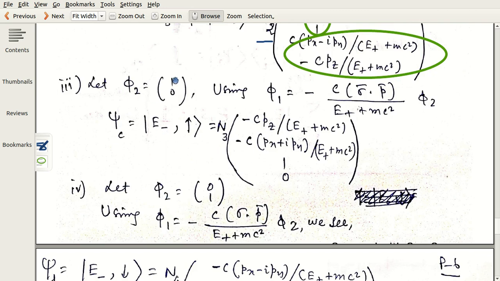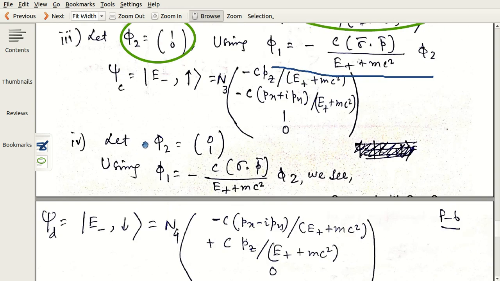Use phi 2 as (1, 0), and then you obtain phi 1 from this equation. Use this equation to obtain your phi 1 and use phi 2 as this one. As simple as that, and then you obtain the expression for psi c, which is your E minus spin up.